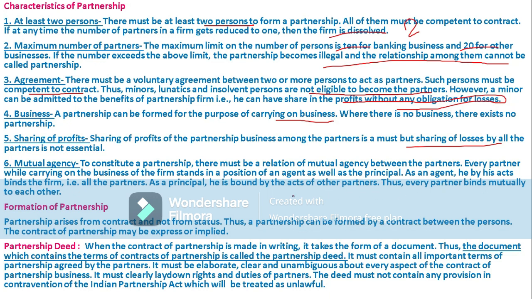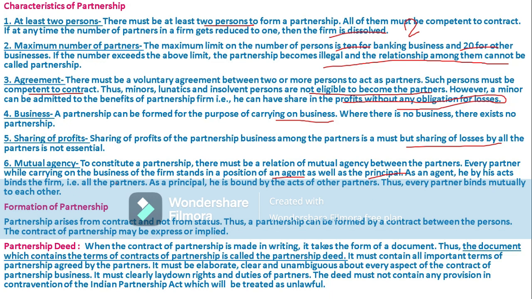So every partner binds mutually to each other; mutual agency means acting as an agent as well as principal. All the partners, not only one partner. If there are four partners, each and every partner acts as agent and as principal. As an agent, he is binding the firm, and as a principal, he is obligated by the acts of other persons also. So that is the mutual agency.